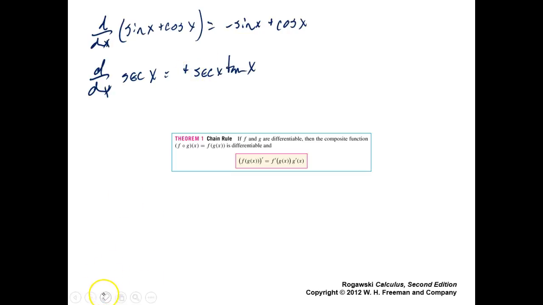Now, I guess we'll do the third one and then I'll come back and do the C one. D by dx of cotangent x. Is that plus or minus cosecant squared x? Whoa!